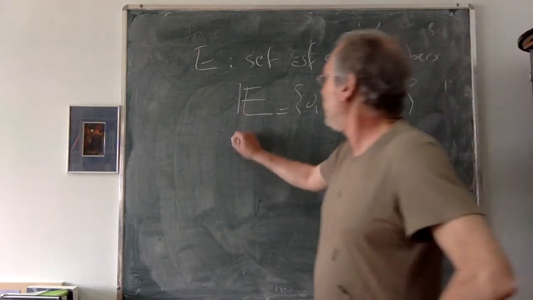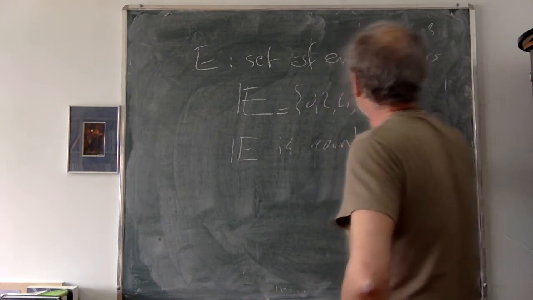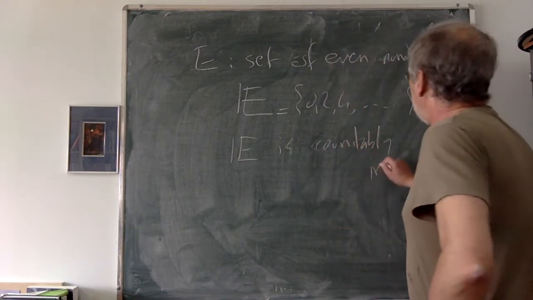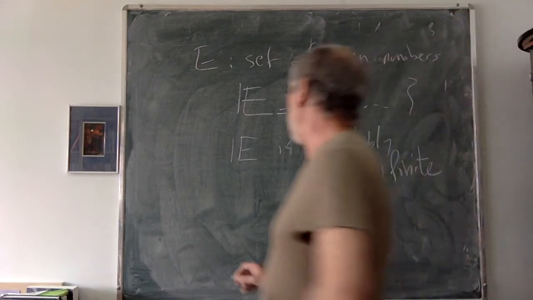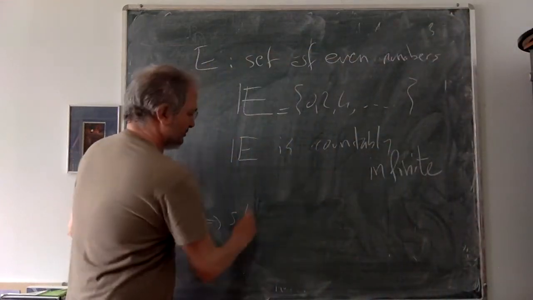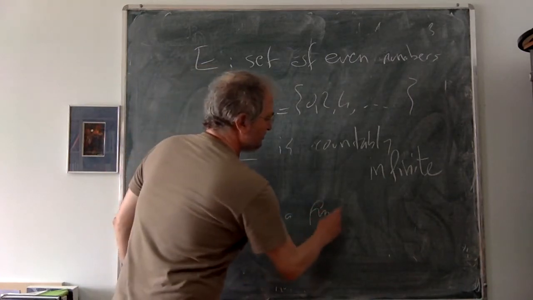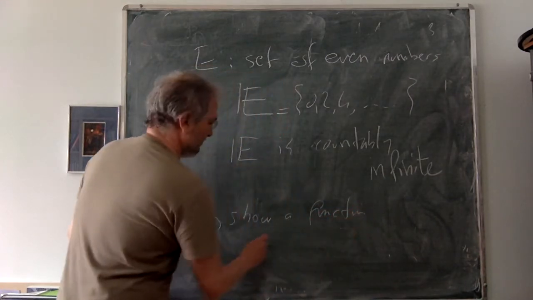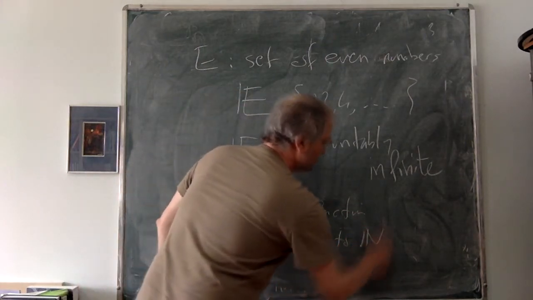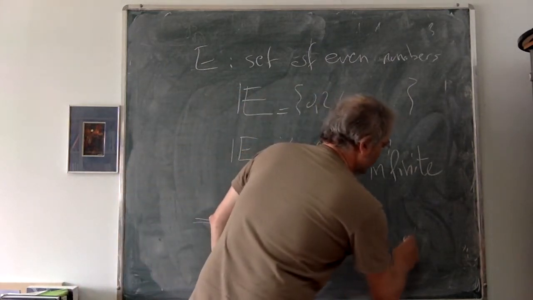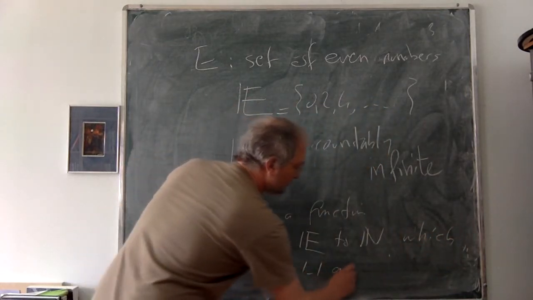Okay, this is countably infinite, which means show the function from E to N, which is 1 to 1 and onto.